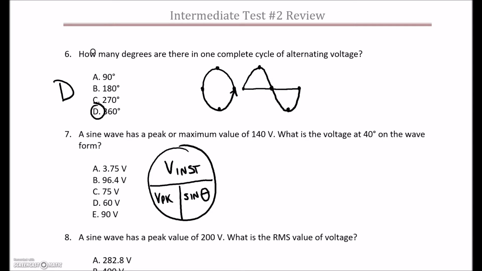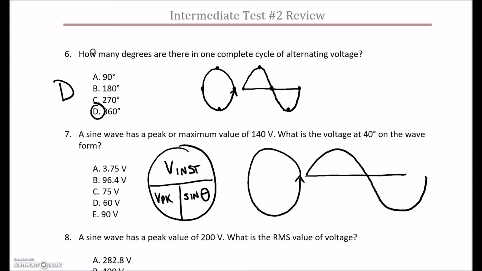Okay, why is it the sine of the angle? Let me do a quick little diagram again. Right here, there's that 360 degrees. There's our sine wave. And this is what we were talking about in class: if I want to find that voltage right there, that transfers over to our sine wave right there, and that corresponds to a certain degree of rotation. So I can make a right angle triangle there.